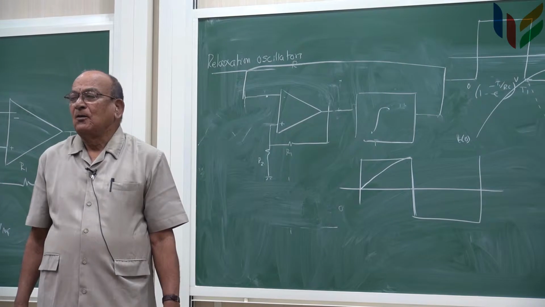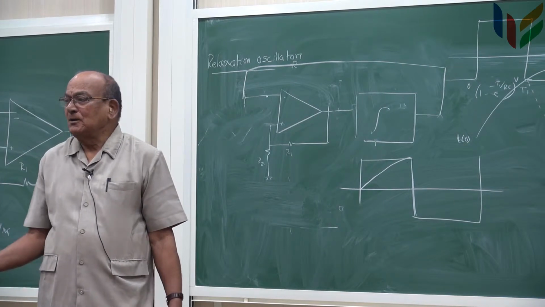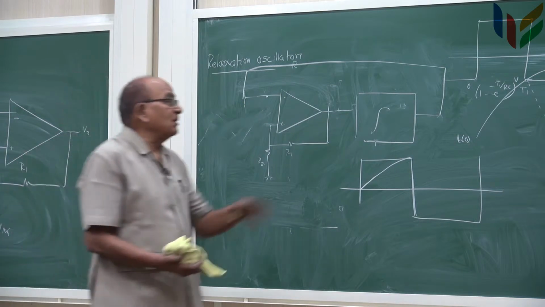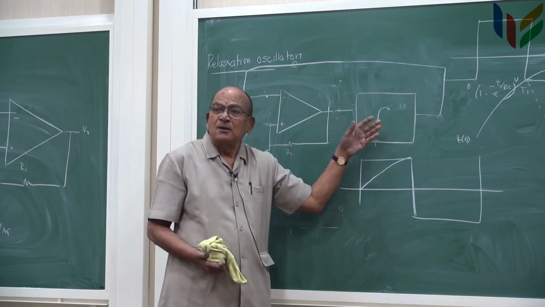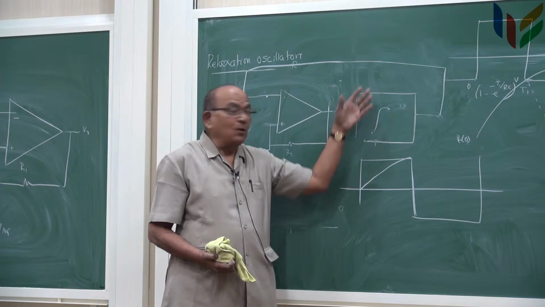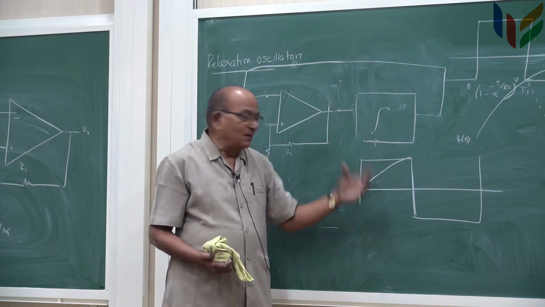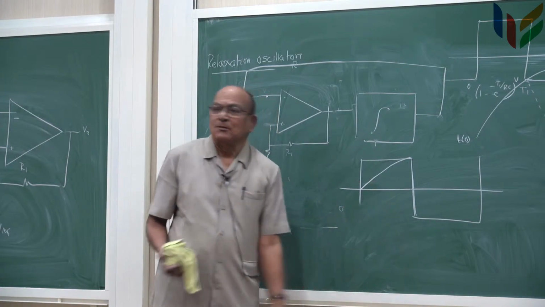Integration constant, 1 by RC, right. So, the resistor and capacitor you put in the integrator, the product RC must match that requirement: this divided by this must be equal to RC.